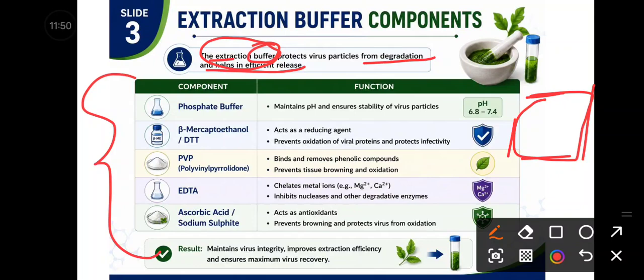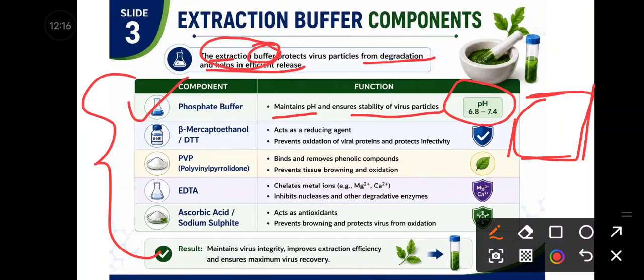First, a very important component is the phosphate buffer. Why is it used? Because it maintains pH. Buffer means definitely it will maintain the pH. It also ensures the proper stability of virus particles. The pH of the phosphate buffer should be alkaline.